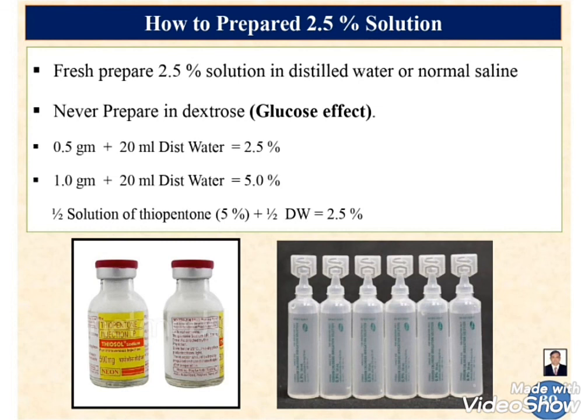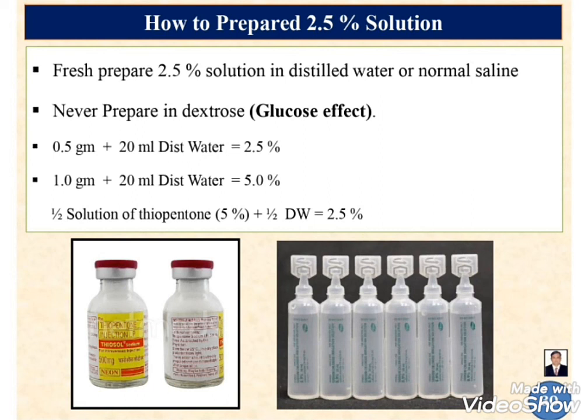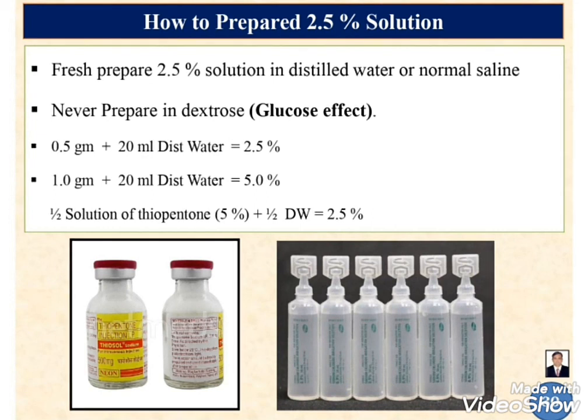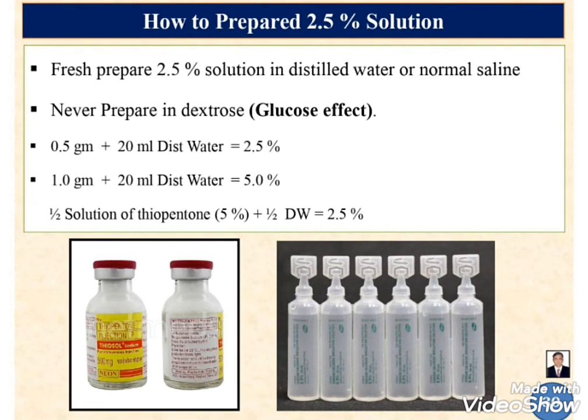For preparation of 2.5% from the 1 gram thiopentone vial, you would need to add 40 ml of distilled water, but it is not possible to add 40 ml of distilled water or NS in a 1 gram vial. So how do we prepare the 2.5%? First add 20 ml of distilled water and make a 5% solution. At the time of induction, load half of the 5% solution in the syringe, and add the same quantity of distilled water again to dilute it, and make the 2.5% solution.